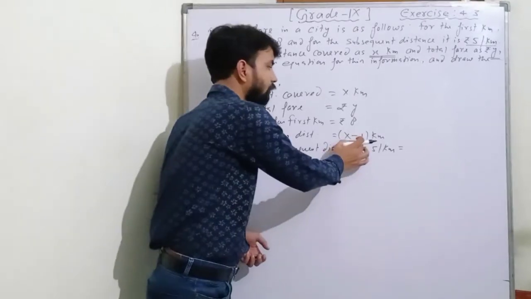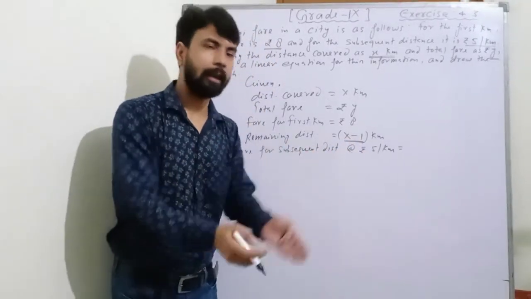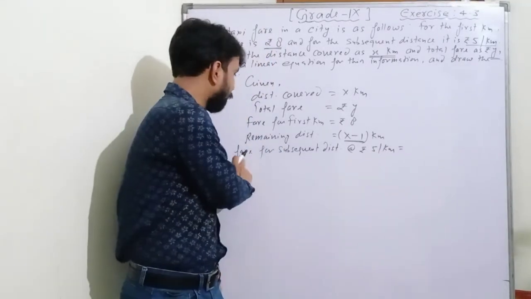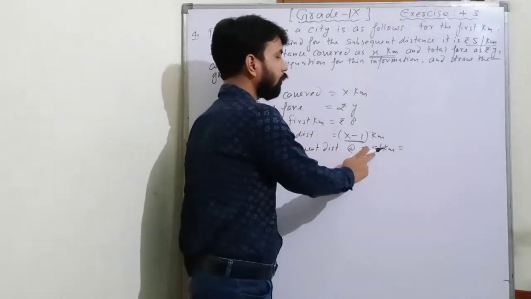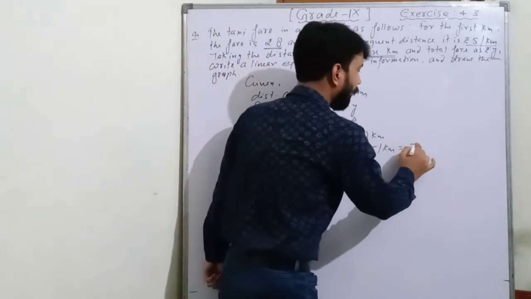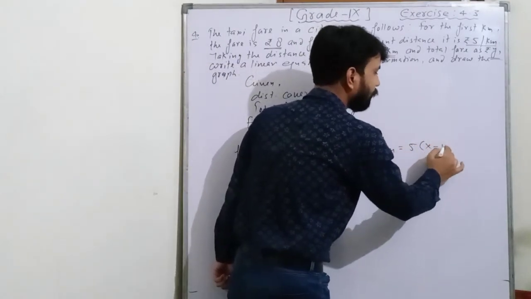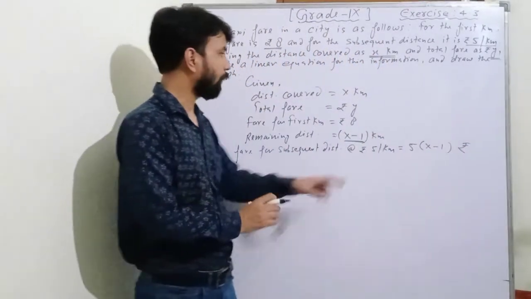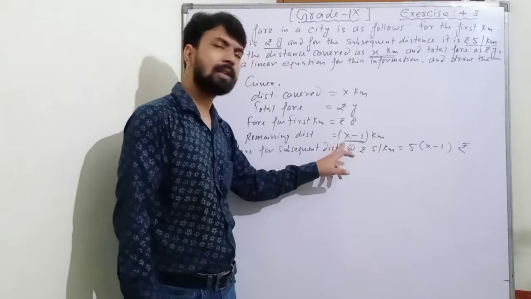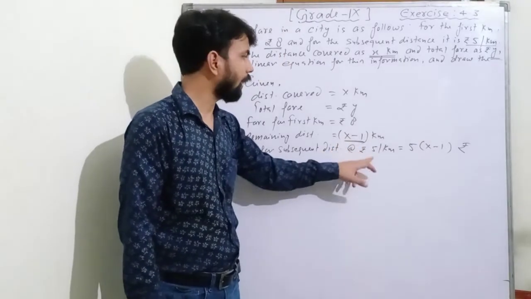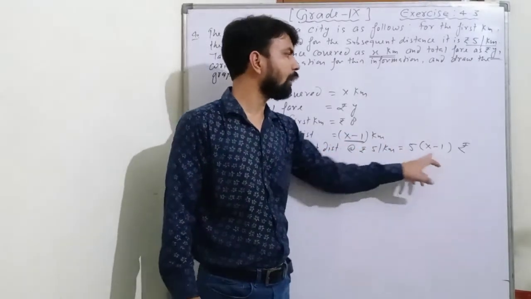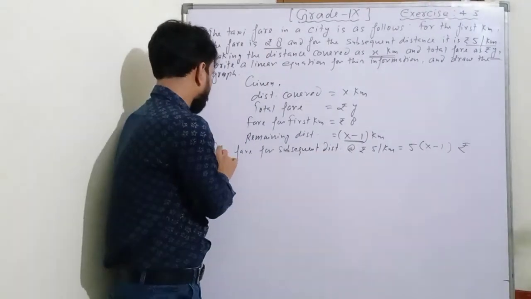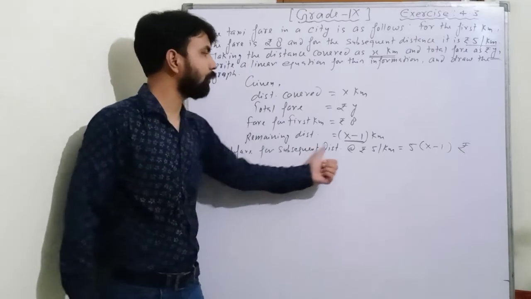Beta x minus 1 kilometer bachi hui distance hai, itna jana hai, aur 1 kilometer ka kitna rupaya dena hai humne? ₹5. So the fare for subsequent distance at the rate of 5 per kilometer will be 5 into x minus 1 rupees. Understood? ₹5 per kilometer and the remaining distance is x minus 1 kilometer. So 5 into x minus 1, this is the total fare for subsequent distance. Clear? So you have to write here total fare for subsequent distance.